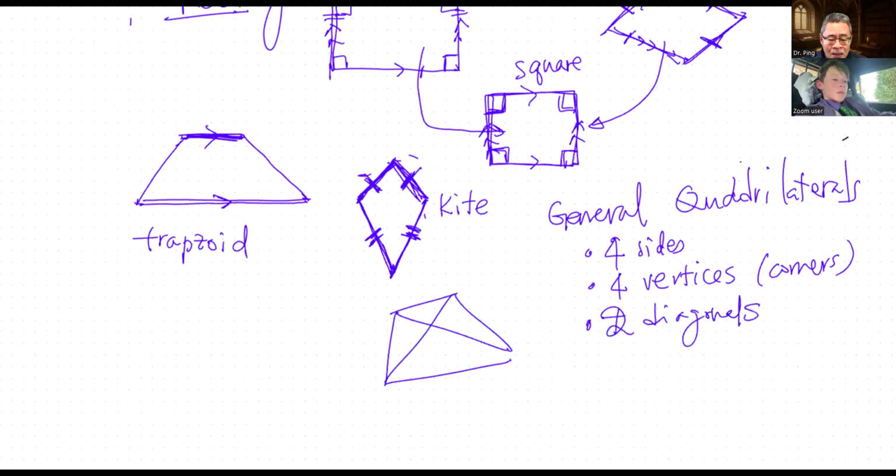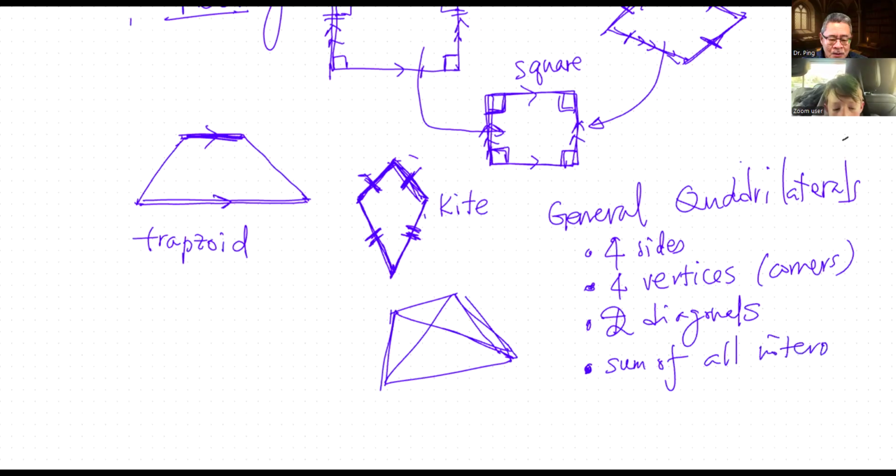Very important: when you add all the interior angles together, you get 360. So the sum of all interior angles is 360.